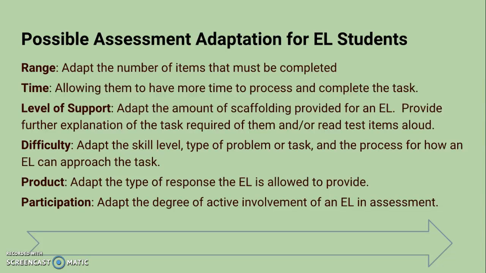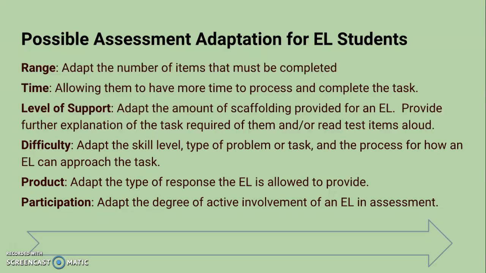There are a lot of opportunities for different assessment and adaptations for EL students. Each EL learner can show what they know in a different way, and these can range from giving students a different number of items that have to be completed, allowing some students more processing or application time to complete a task, adapting the level of supports provided to an EL student.